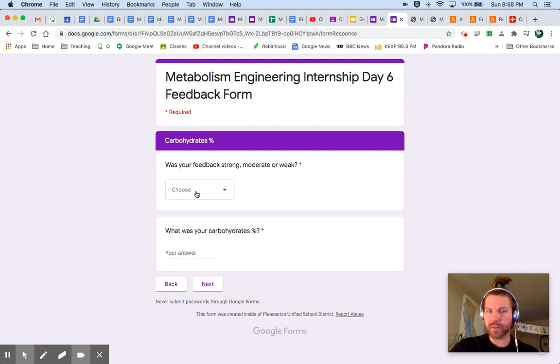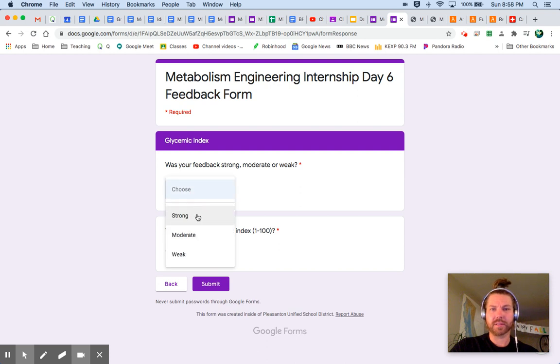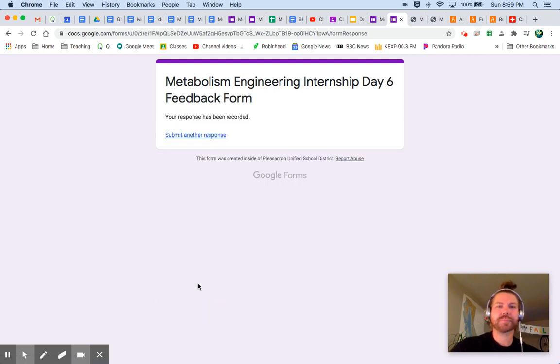Next, carbohydrates. So you're going to do the same thing. You're going to go through this. 34, that might be actually kind of low. And then lastly, glycemic index. Weak. It was 1. There you go. And there you go. So what we're going to do is you're going to fill out this form, and I'm going to get everyone's data, and we're going to basically put together, okay, so what were the numbers that people were getting that received strong feedback?